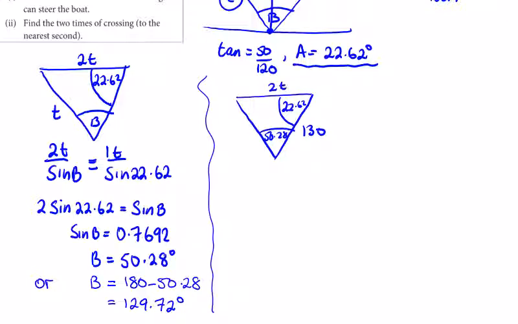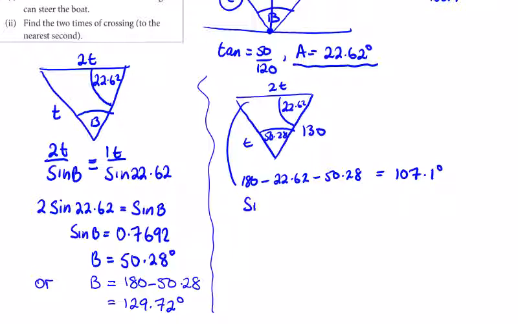I have my 2t, my t. This angle here is 180 minus 22.62 minus 50.28, which is going to be 72.9, which would leave 107.1 degrees.